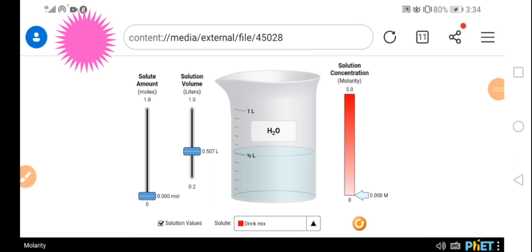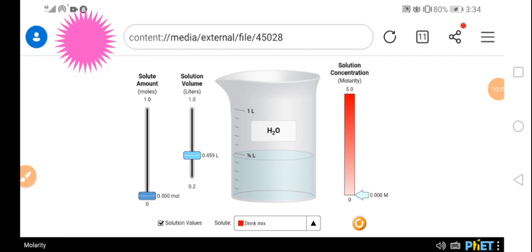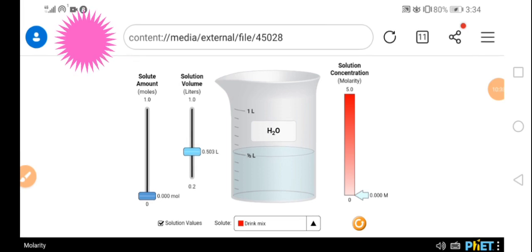As you can see there, I have added 0.5, or maybe I do it like this. Yes, so that I can have 0.5. That 8 can be rounded off like that.